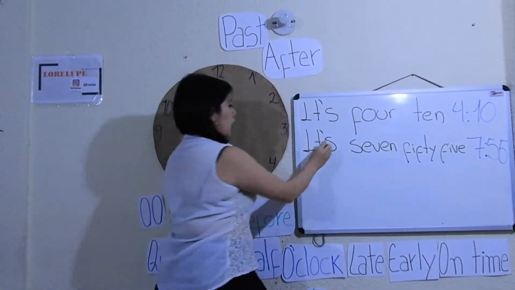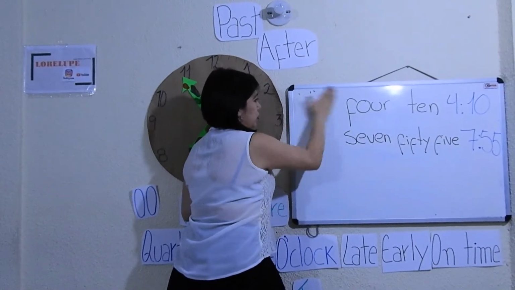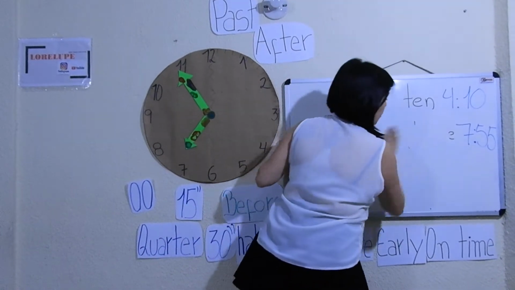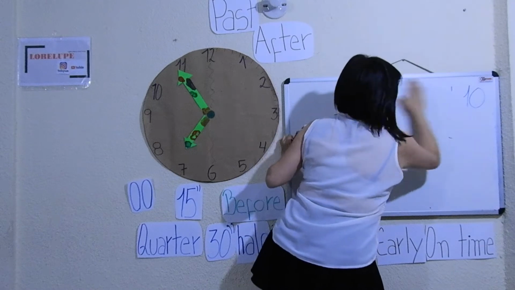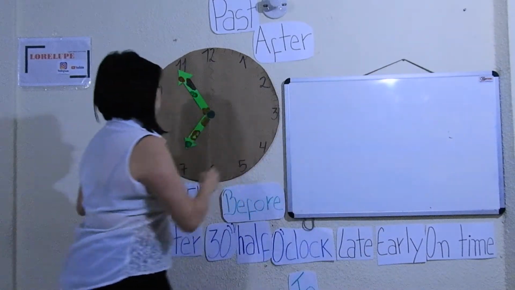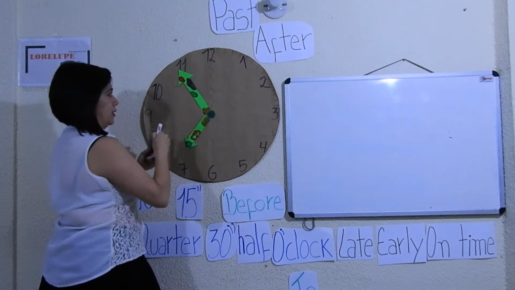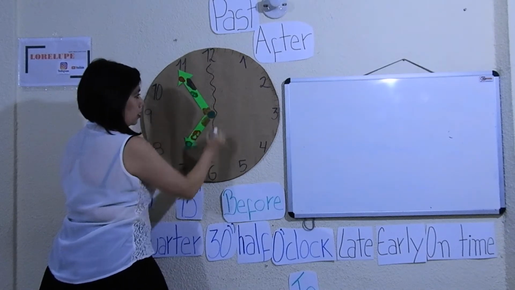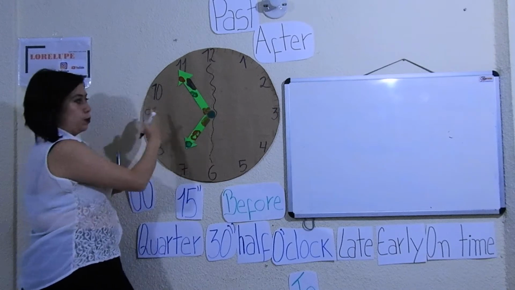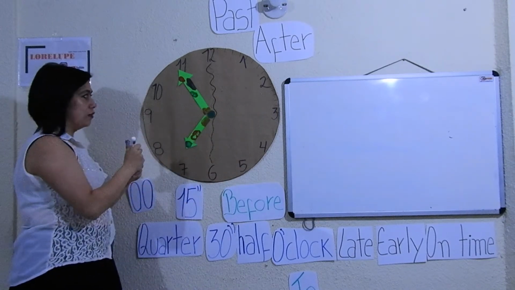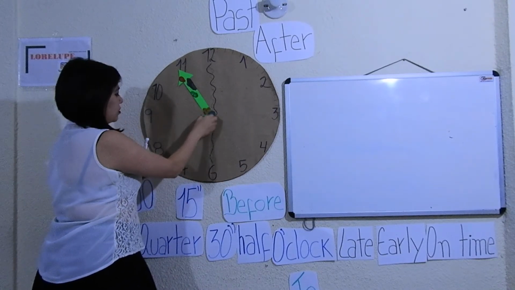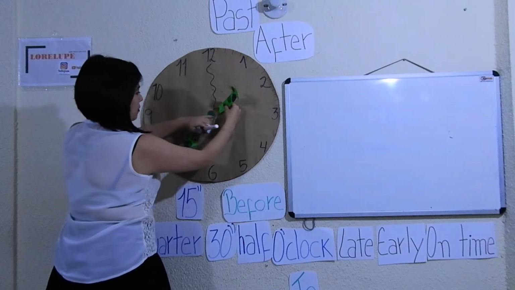I'm going to give you some examples where we are going to use those words. We are going to divide the clock in two parts. So, this part and this part. This half and this half.